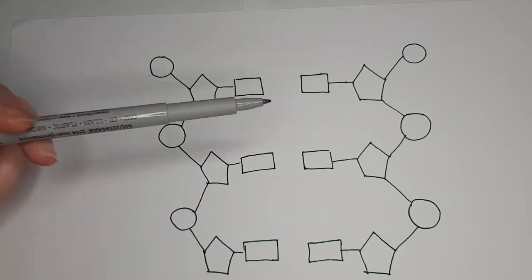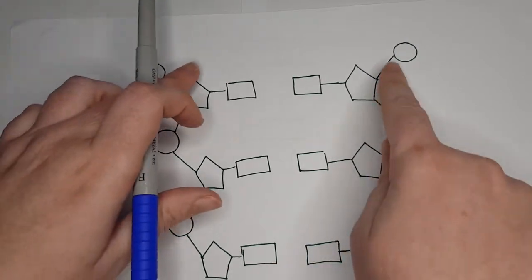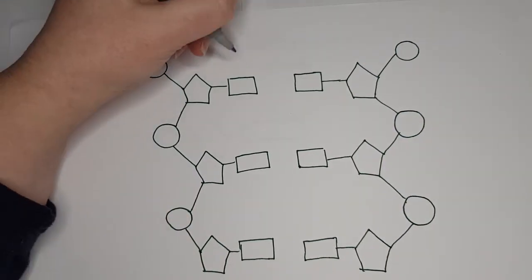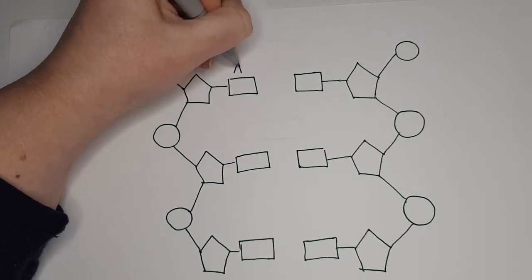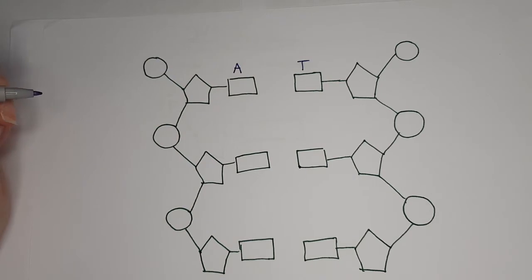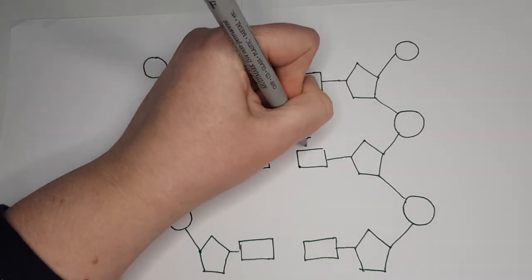So now, as I said, a purine is always going to match with a pyrimidine so that this is nice and even. Adenine will always pair with thymine, and guanine will always pair with cytosine.